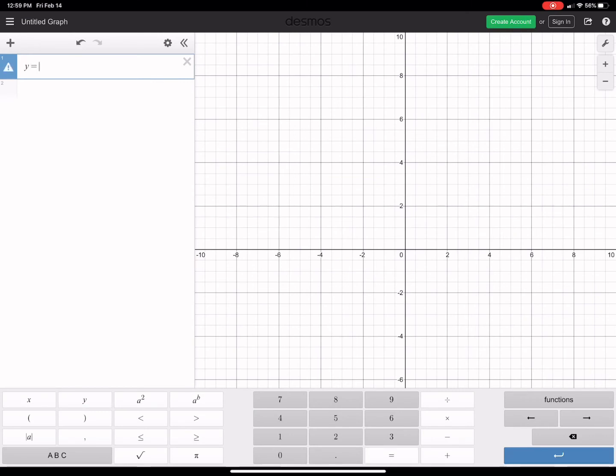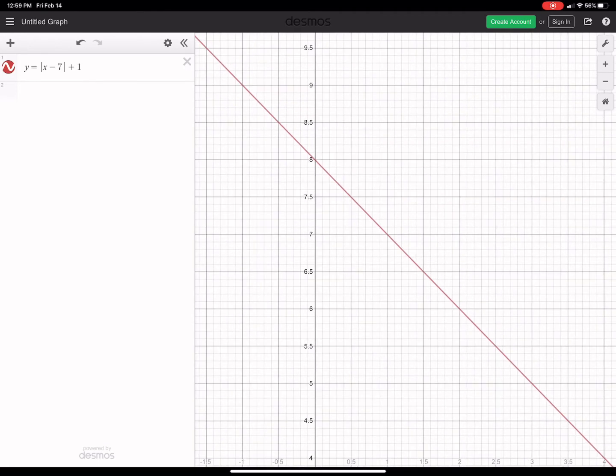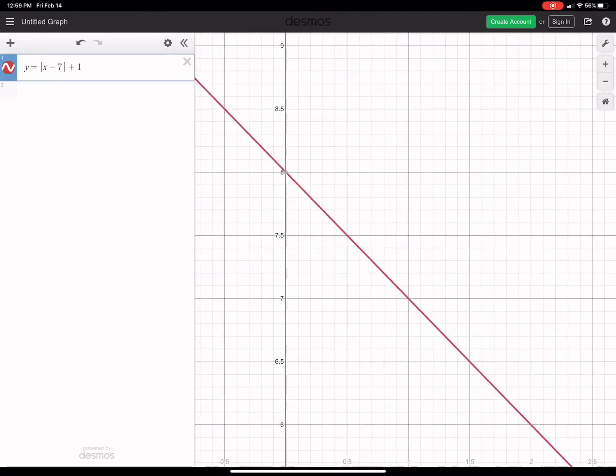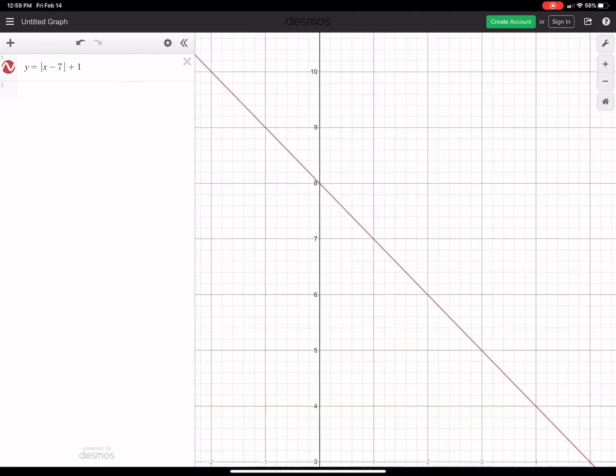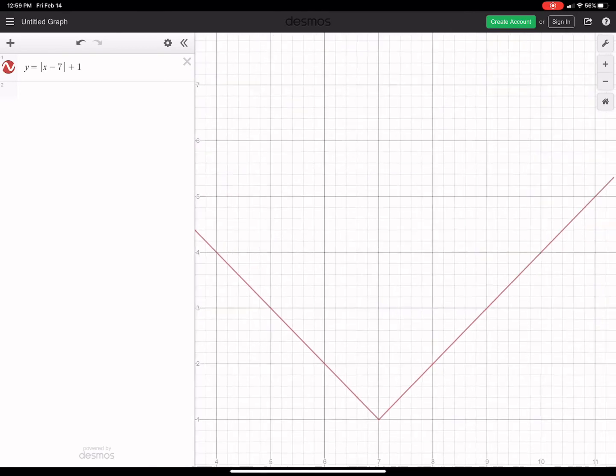Y equals the absolute value of x minus 7, close the absolute value, plus 1. Well, just like in the picture, we see it crosses here at 8. It goes down, it goes down, it goes down. It hits at 7,1.